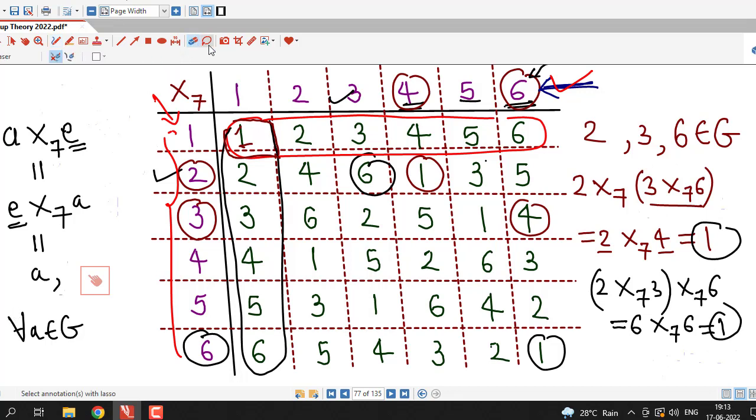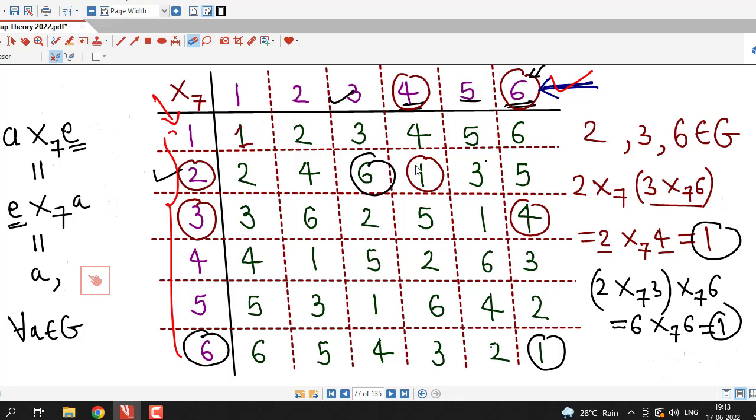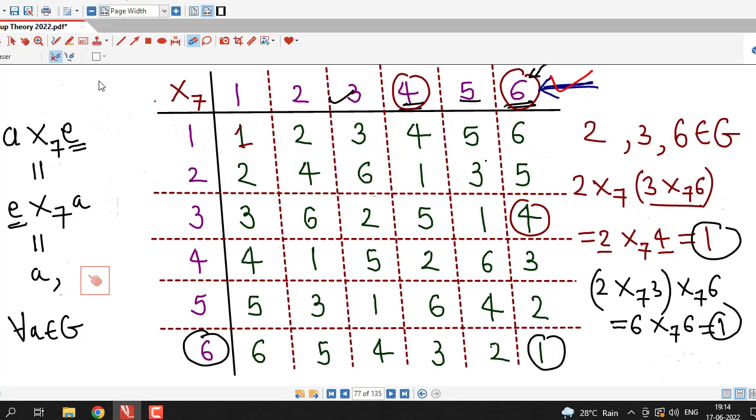Or we can directly check also. We can see 1 into 1 is 1, 1 into 2 is 2, 1 into 3 is 3, 1 into 4 is 4, 1 into 5 is 5, 1 into 6 is 6, and the reverse is also true.